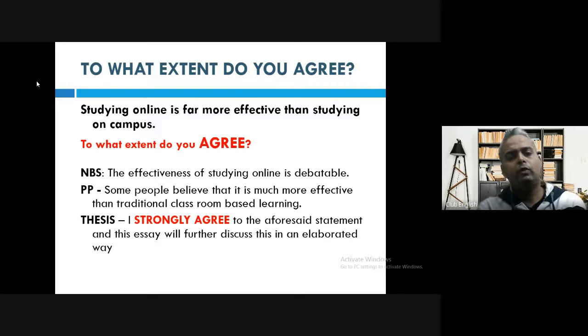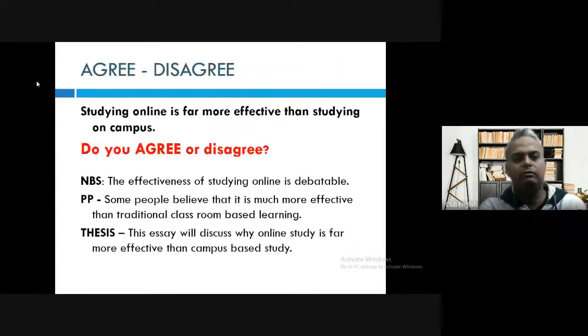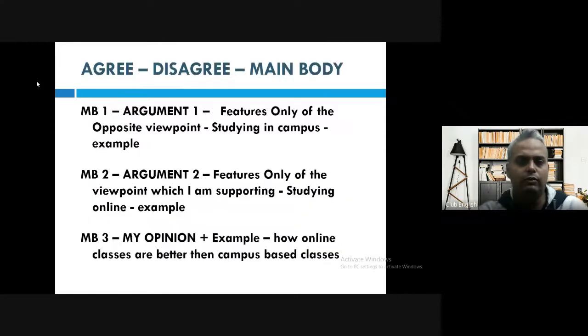In the to what extent do you agree question, it is better that you guide students that you should take one stand, either strongly agree or do not agree. Why? It will act similar to agree disagree. So you don't have to learn another concept, another type of essay, which would be a little difficult for the student to understand. But you should know how you need to write.